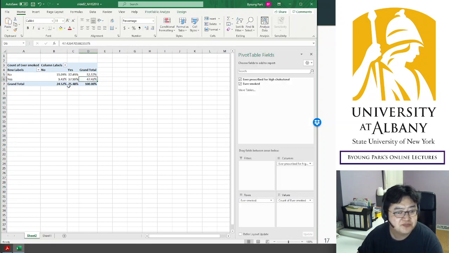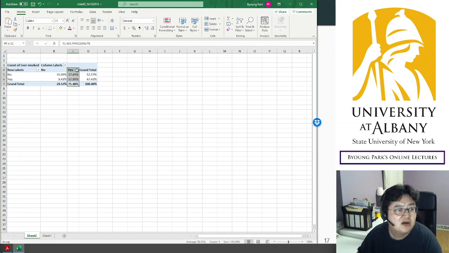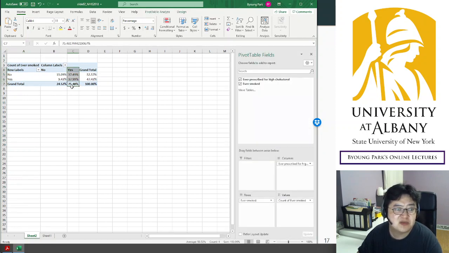Let's have a look. The probability of no smoking is 52%, and more than 47% of people have smoked before. And surprisingly, more than 75% of people have been prescribed for high cholesterol. These are the marginal distributions and the joint distribution.